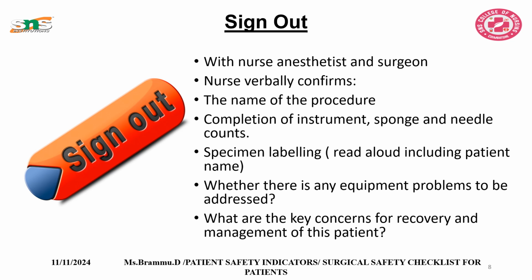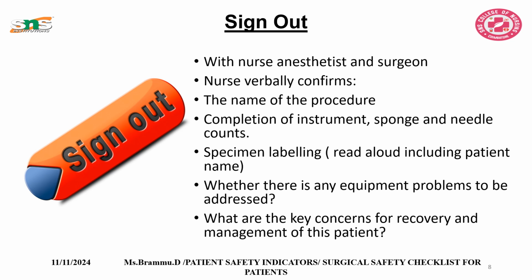Then in sign out we are going to check after the patient is done with all the procedures. This is done by the nurse, the anesthetist and the surgeon. The nurse will confirm verbally the name of the procedure and the completion of the instrument counts, that is how many instruments have been taken, for example the artery forceps, retractors and so on.